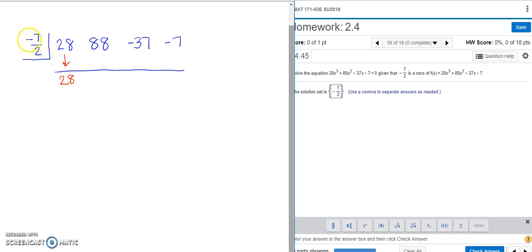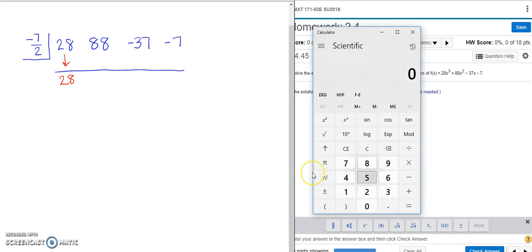Then I need to multiply -7/2 times 28. So let me pull up my calculator. Okay, 7/2 times 28. It's going to be -98. Right? Negative times a positive is a negative. So 88 minus 98 is -10. -7/2 times -10, I know it'll be positive.